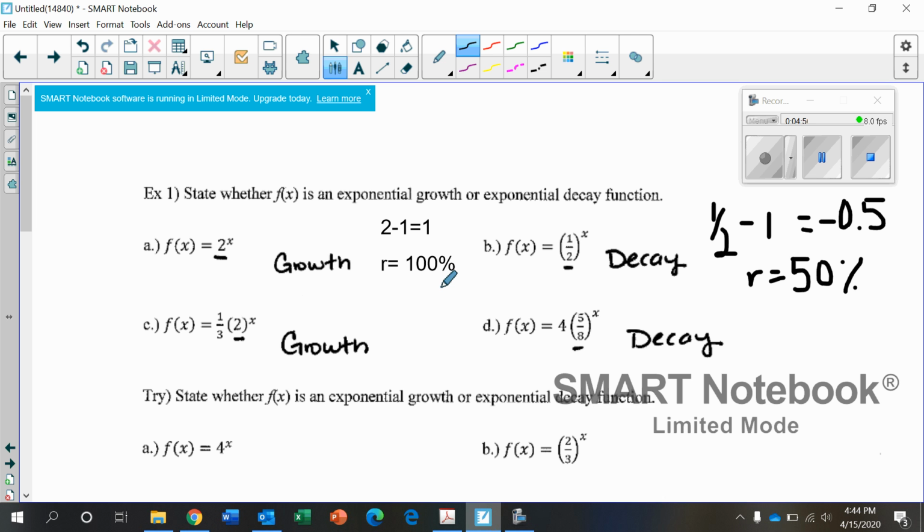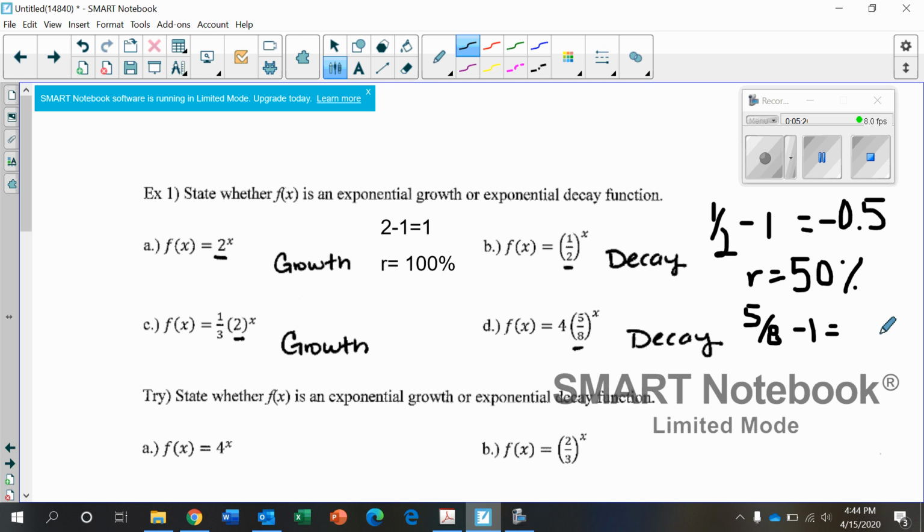Okay, so this one's a little bit different. Again, we have 5/8, which is in between 0 and 1. So that's going to give you a decay. You're going to do 5 over 8 minus 1.